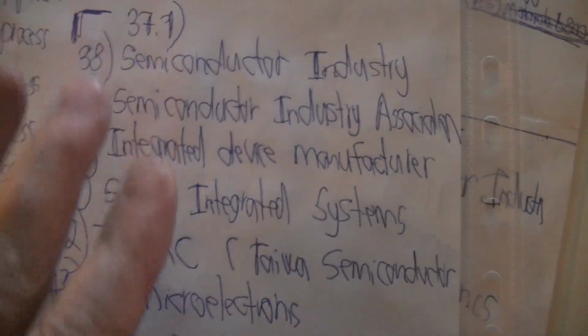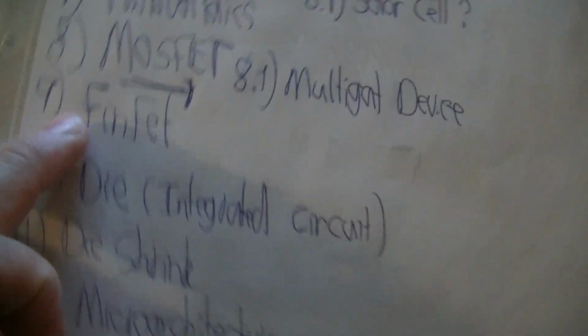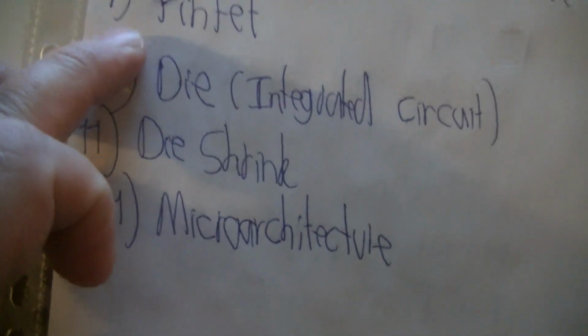To know a little bit about the semiconductor industries, then how they make it. Need to know how they're making the CPUs. I have it here, all the wafers and stuff, MOSFET, FinFET, monitor, die shrink, micro, probably more. I have to find more there.